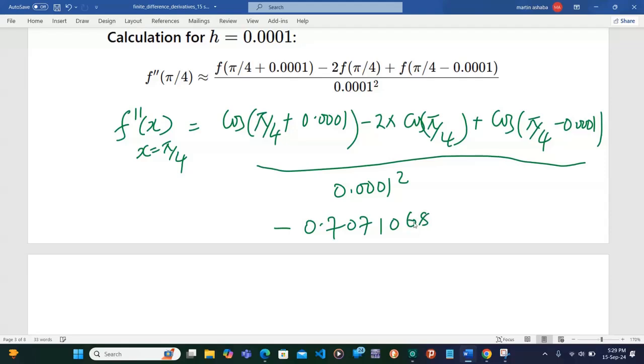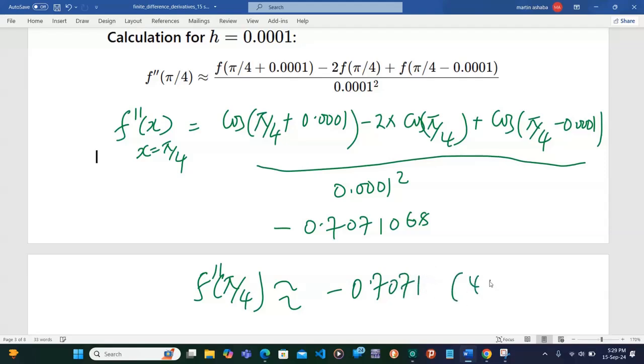So I can say the second derivative of f of x at x equal to pi over 4 is approximately equal to negative 0.7071 as required, using 4 decimal places.